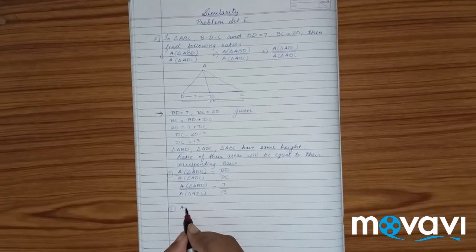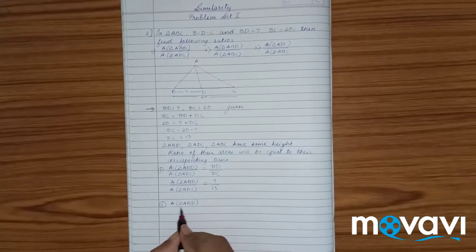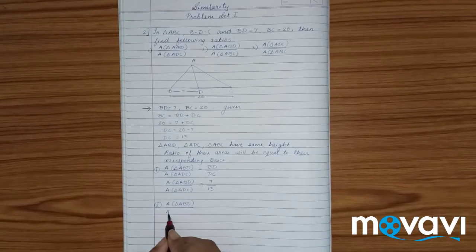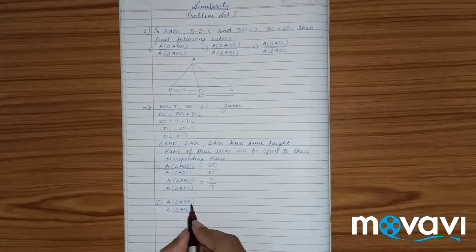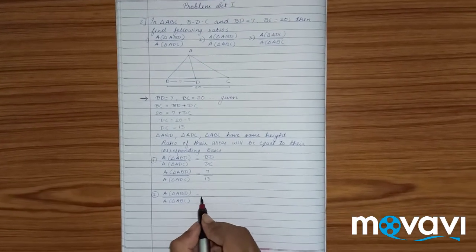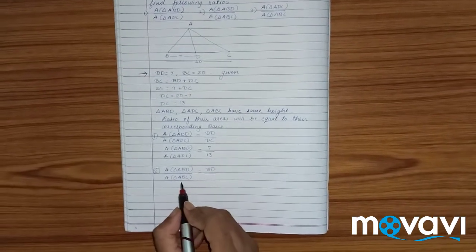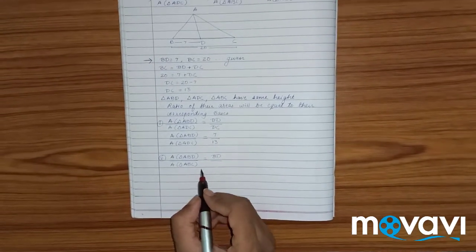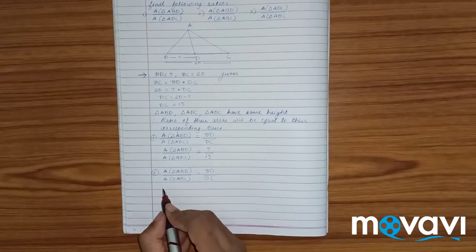The ratio given is area of triangle ABD upon area of triangle ABC. For ABD, what is the base? BD, upon, for triangle ABC the base is BC. Let us substitute.